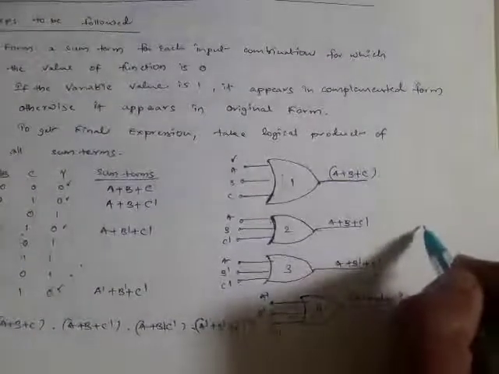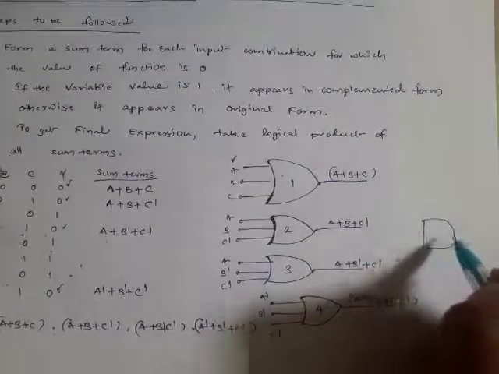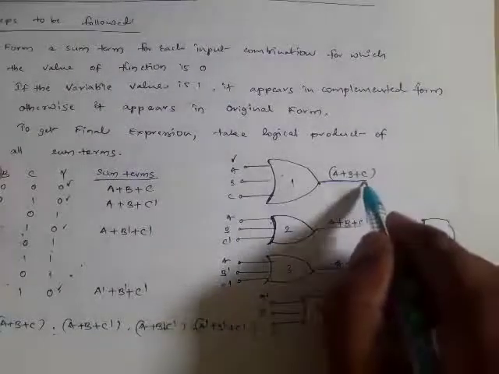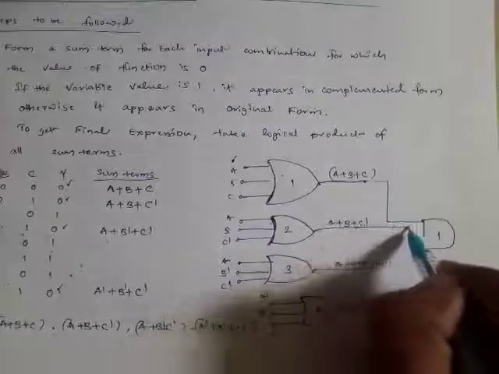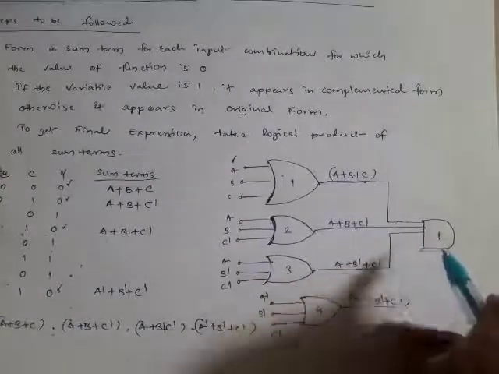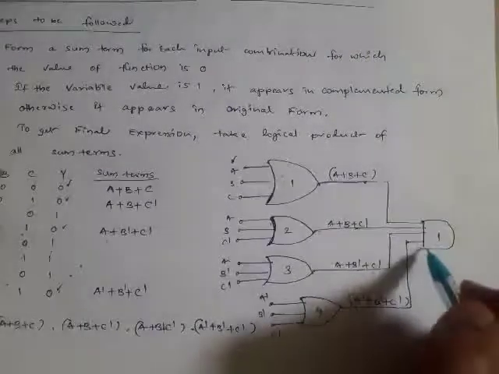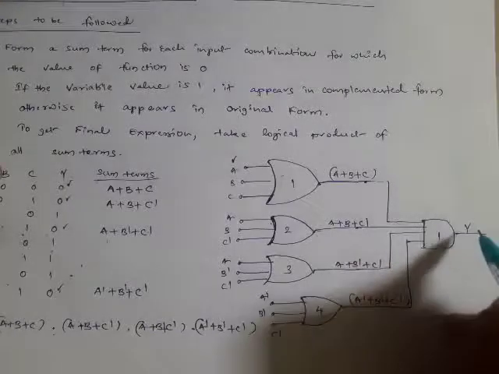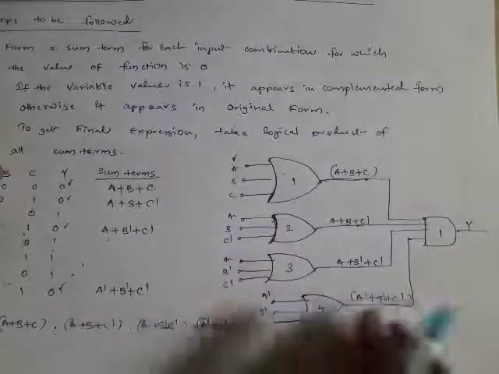So to get a logical product, we will take one AND gate, for which the first input is this, the second input is this, the third input is this sum term, and the fourth input is this sum term, and the output is the product of all these sum terms, which is your function Y.